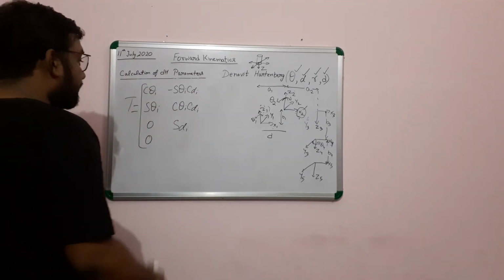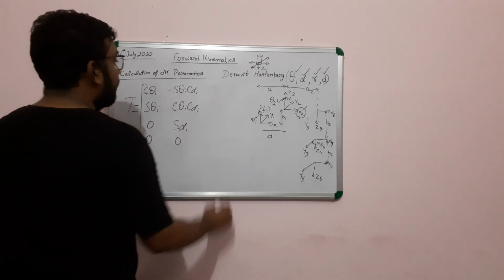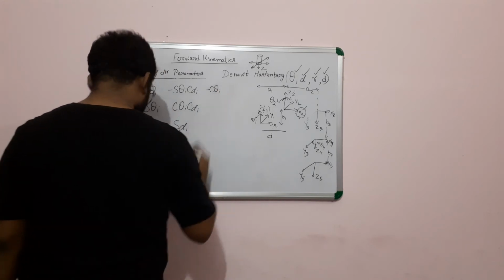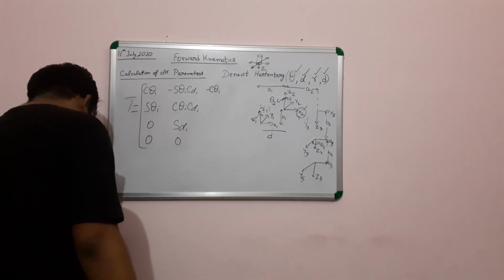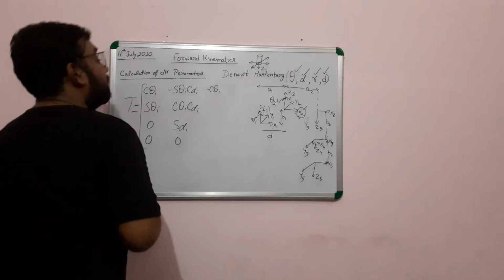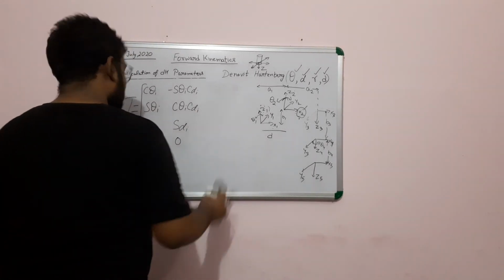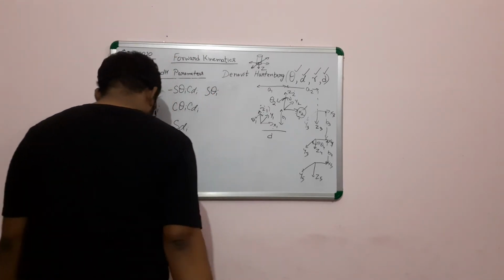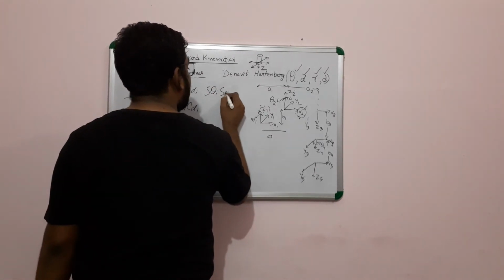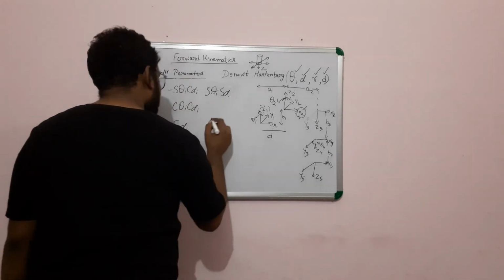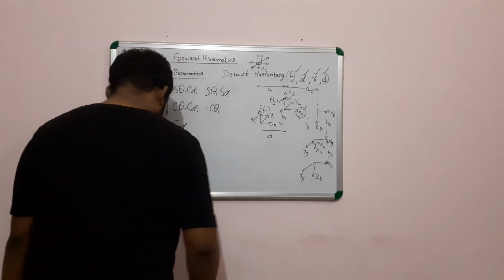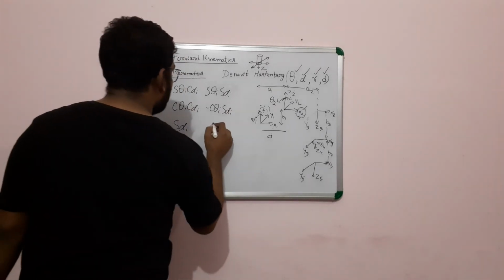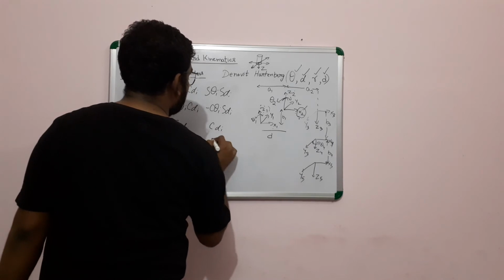I guess I'm doing it right. Here it is 0. Again here we have minus c theta i. Oh, sorry, it's wrong. It is s theta i, s alpha i, minus c theta i s alpha i, and this c alpha i, this is 0.